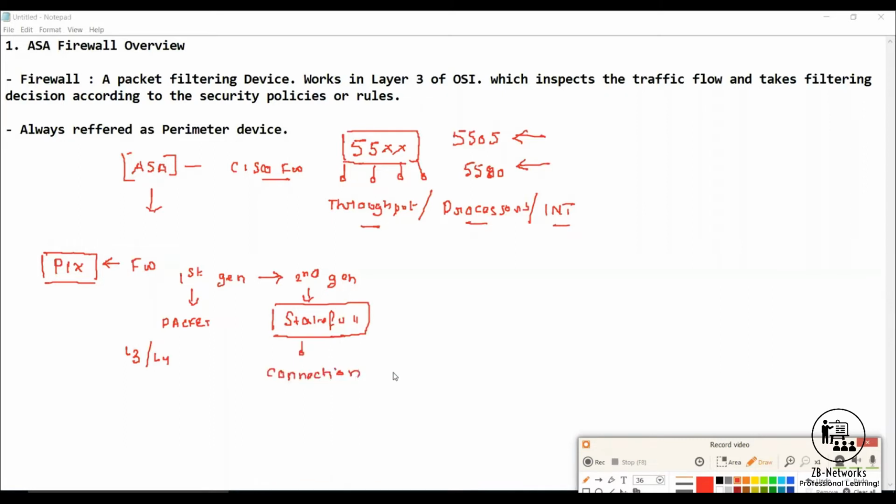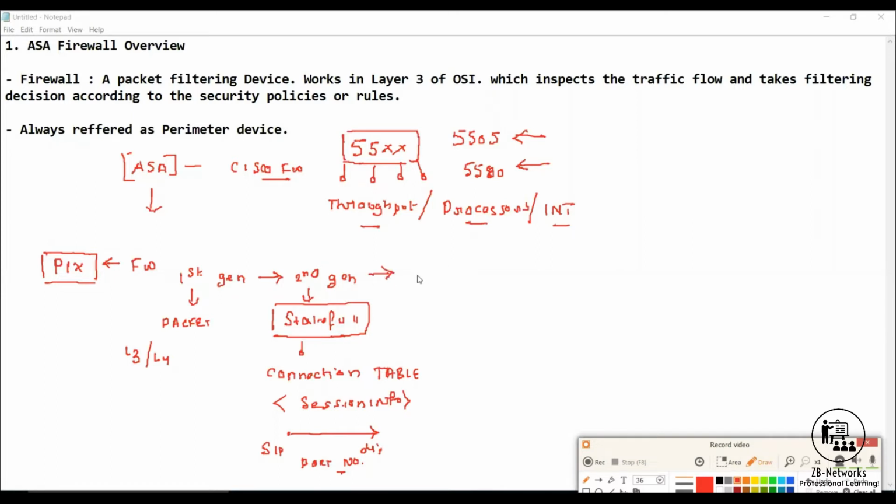The connection table normally keeps your session information: which user has traveled through the firewall to which destination, what the source IP of the packet was, what the destination IP was, and what port numbers the traffic had. All that information is maintained in a specific table called the connection table, also called the user session information. That was there in the second gen, stateful firewall.